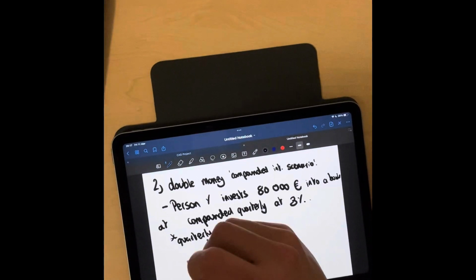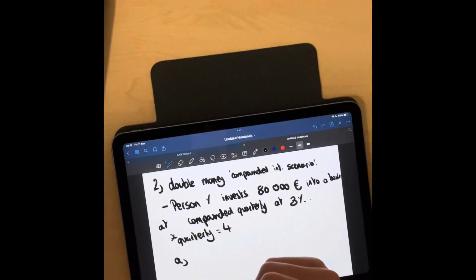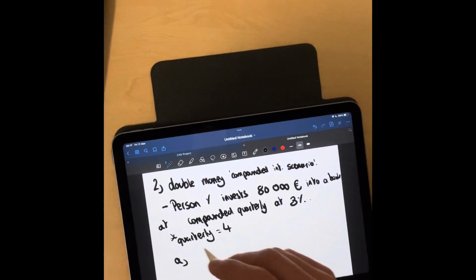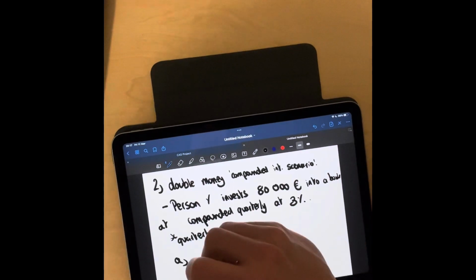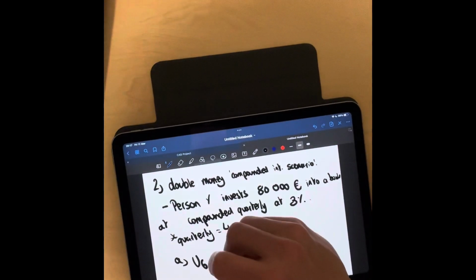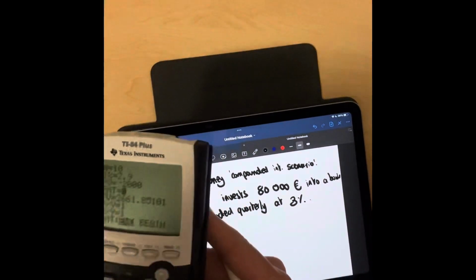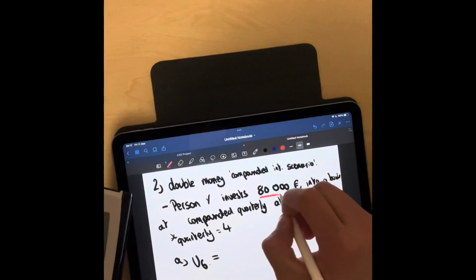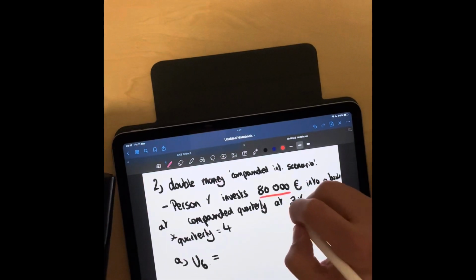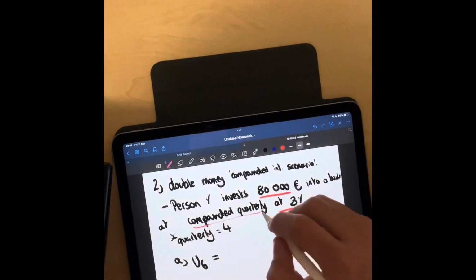So we go with part A. It asks to calculate how much money person Y has in the bank after 6 years. So again we return to the calculator, and I would recommend you guys to follow along rather than just look at what I do. So 80,000 and compounded quarterly.